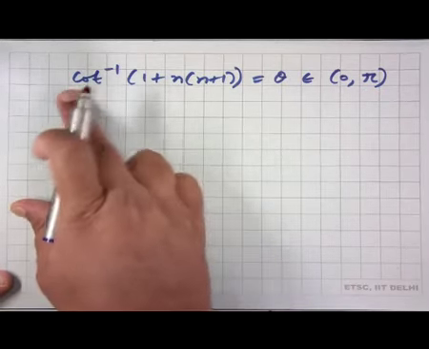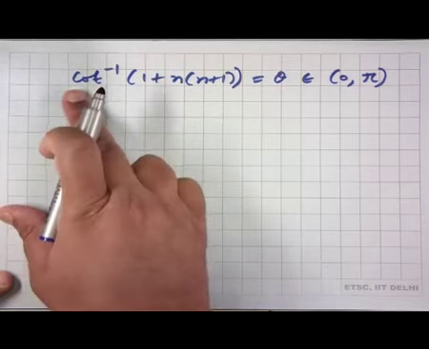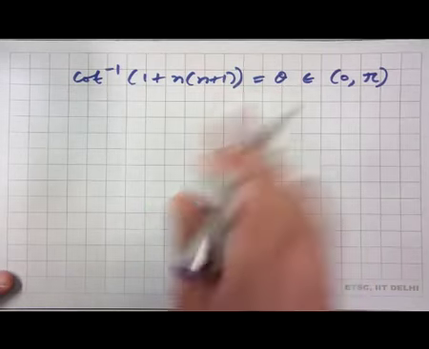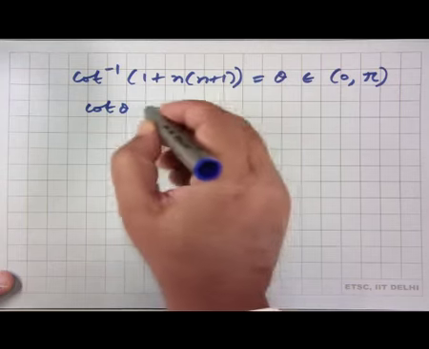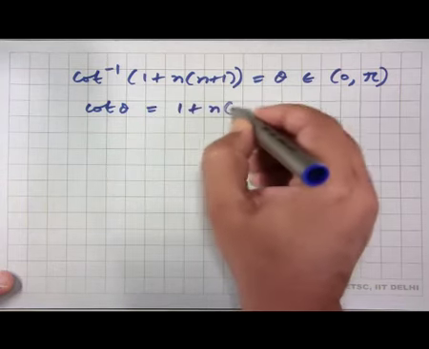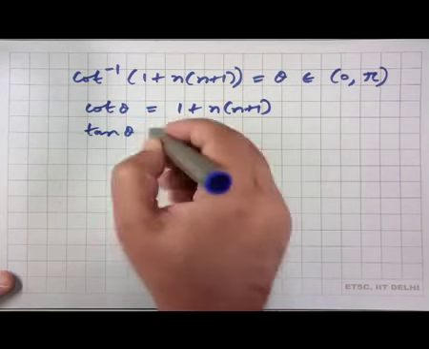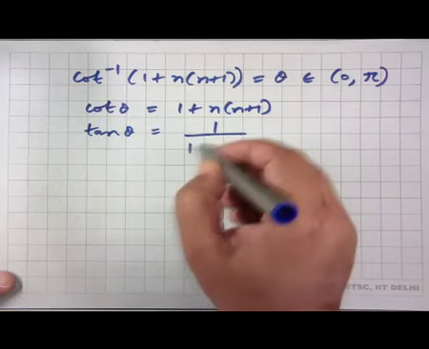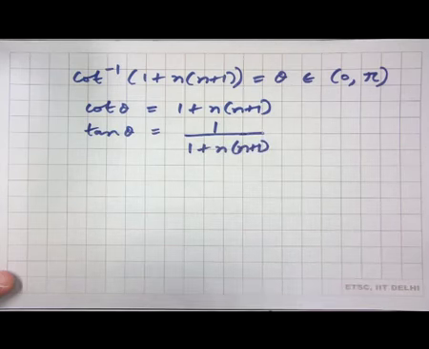Then applying the cot function on both sides of this equality, we get cot of theta equal to 1 plus n into n plus 1, and therefore tan of theta equals 1 over 1 plus n into n plus 1.